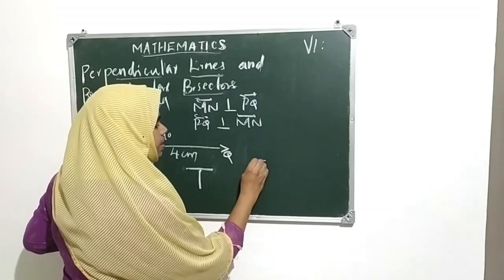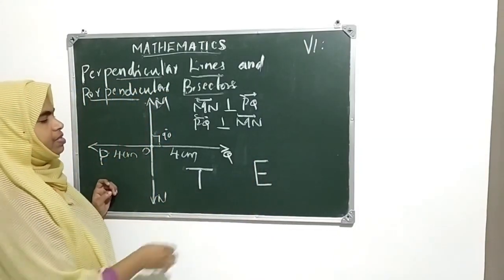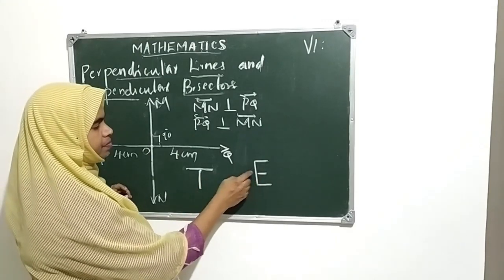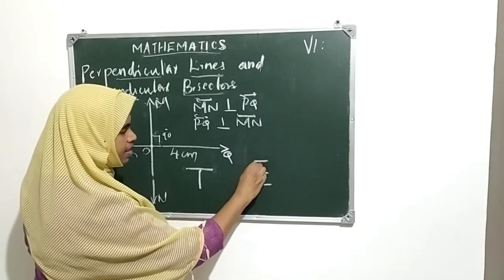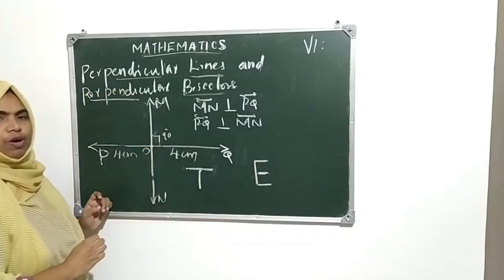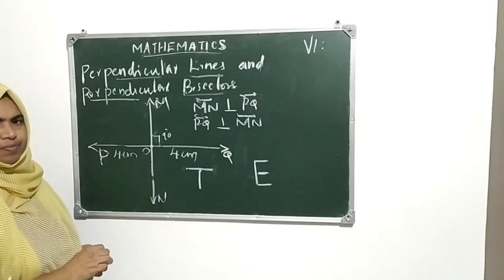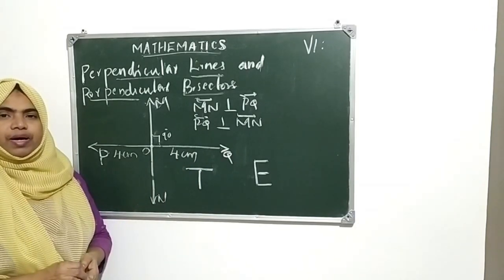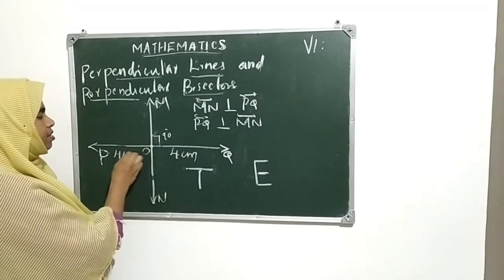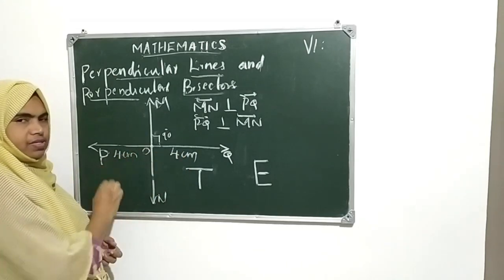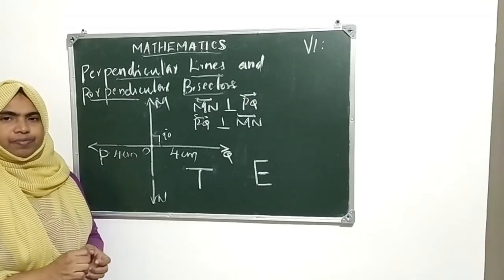Or the letter E: this line divides the line into two equal parts. So this is also a perpendicular bisector. Perpendicular bisector means a perpendicular line that divides into two equal parts. The construction you can learn later.